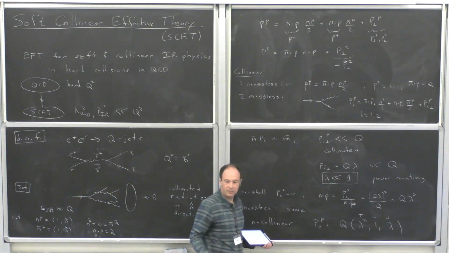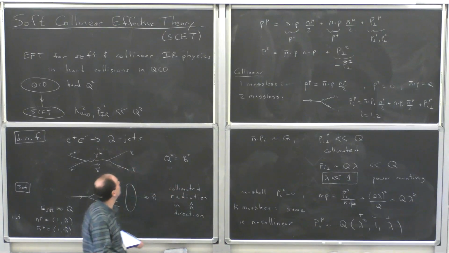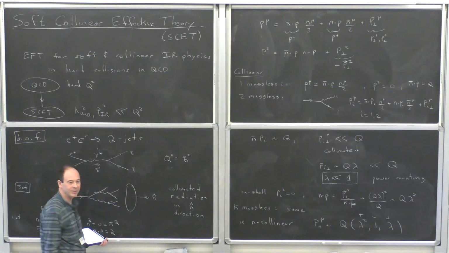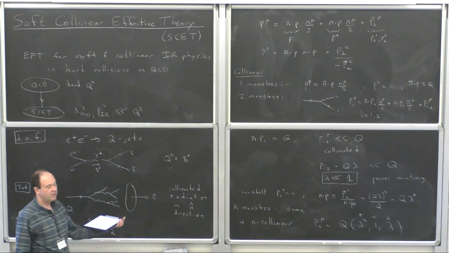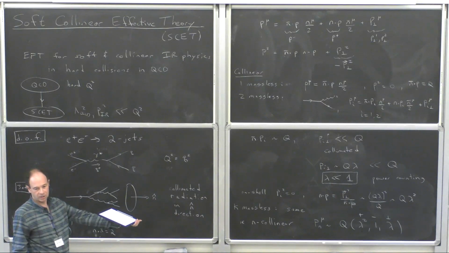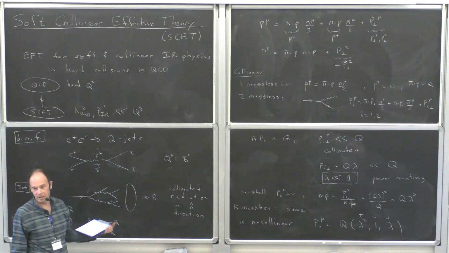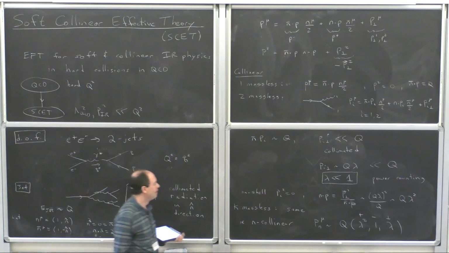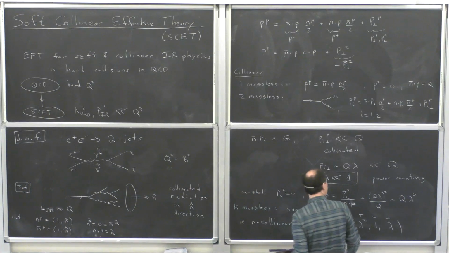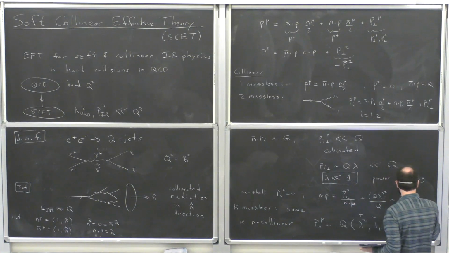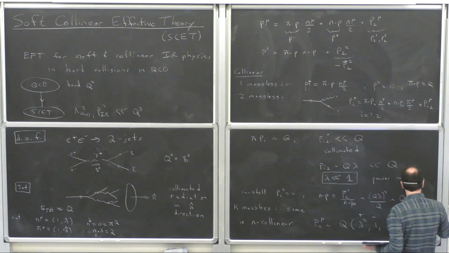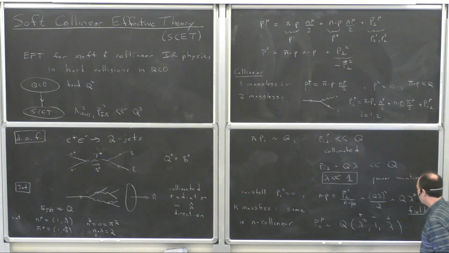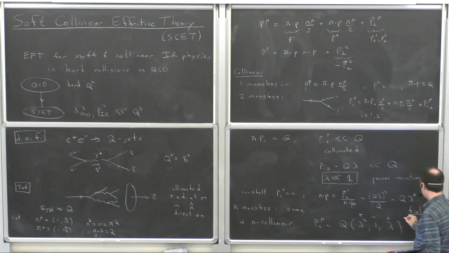And in this effective field theory, we want to describe soft and collinear degrees of freedom. So we're going to need fields for particles that have collinear scaling of momenta. With this scaling, we're going to have some quark fields as well as some gluon fields. I'm putting a subscript n on them.